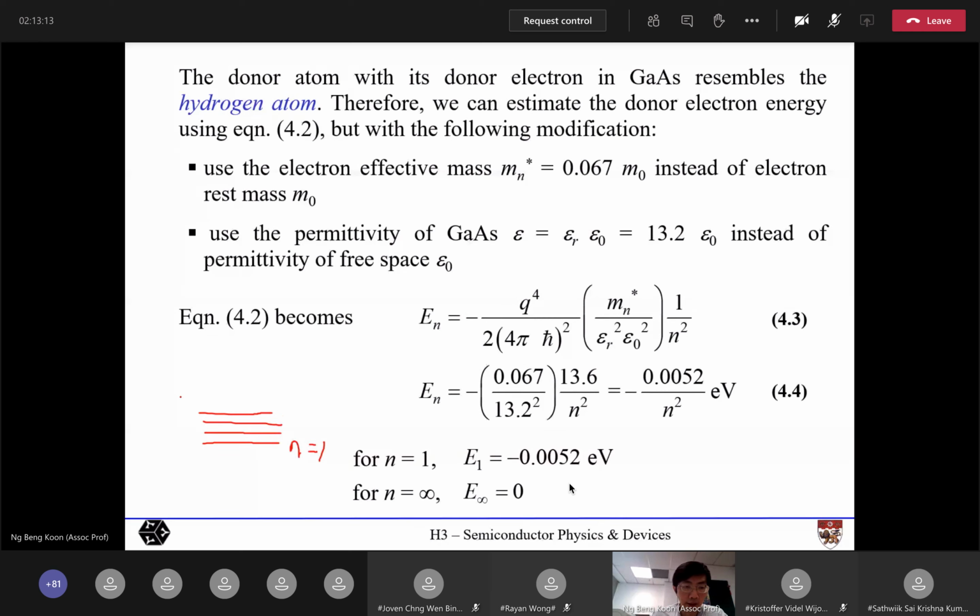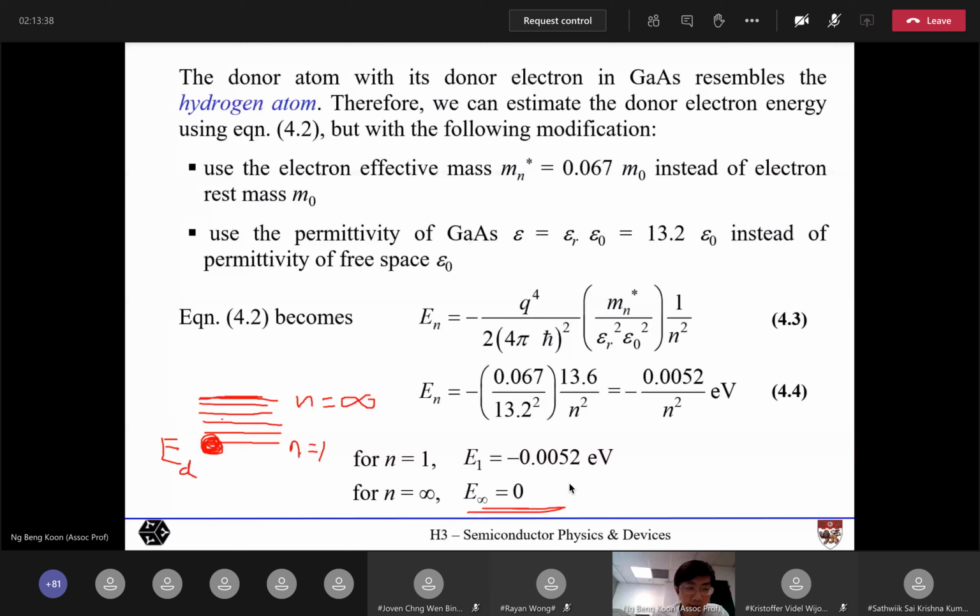If we keep going, you will reach n equals infinity, which gives you an energy of 0. So in the case where this fifth electron is on the impurity atom in the crystal lattice, generally it will sit at the donor level. This lowest level here is in fact your donor level, ED.